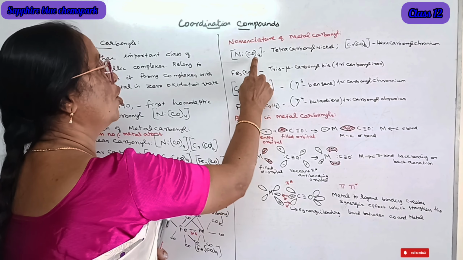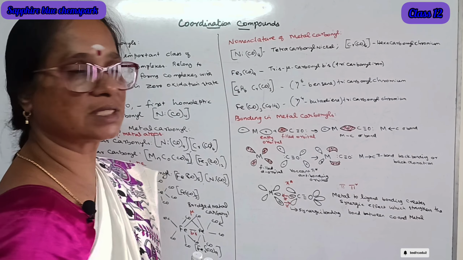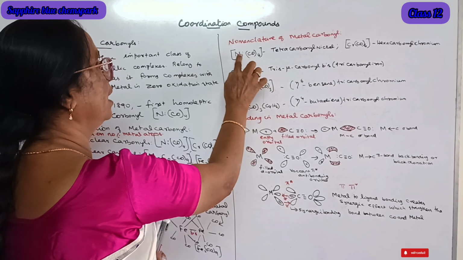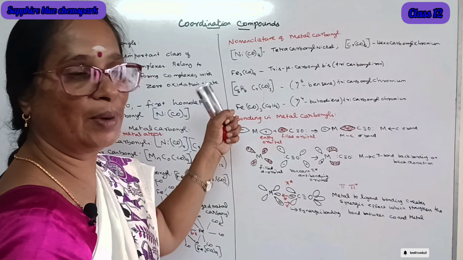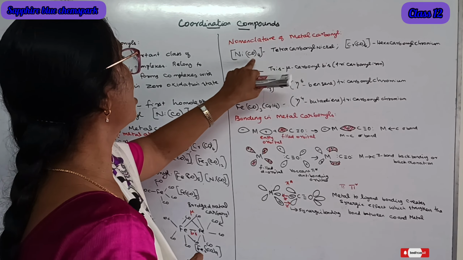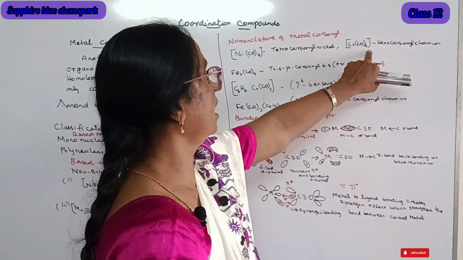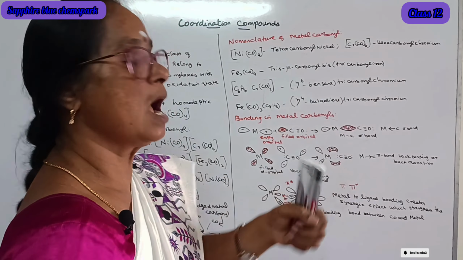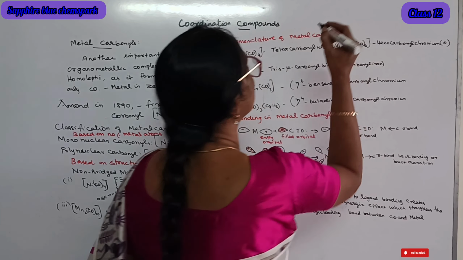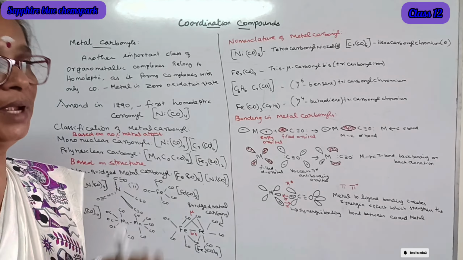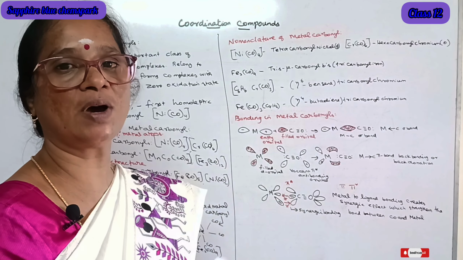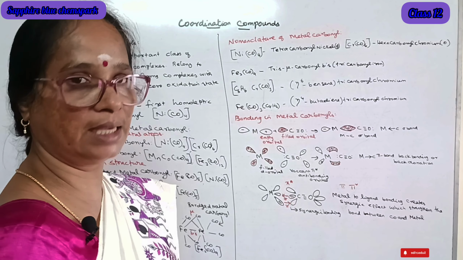We say how many carbon monoxide groups are there and which metal atom, so we write tetracarbonyl nickel. And as I said, metals are in zero oxidation state, so the name is tetracarbonyl nickel(0), or hexacarbonyl chromium(0), and we write the oxidation state as 0 next to the metal atom, because according to IUPAC nomenclature, the oxidation number is to be mentioned for the central metal atom or ion.